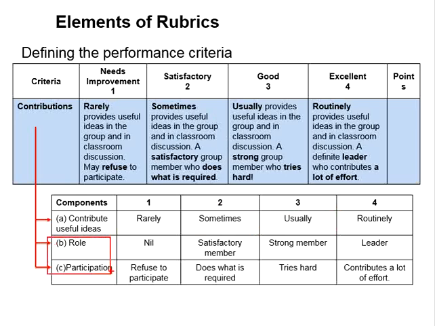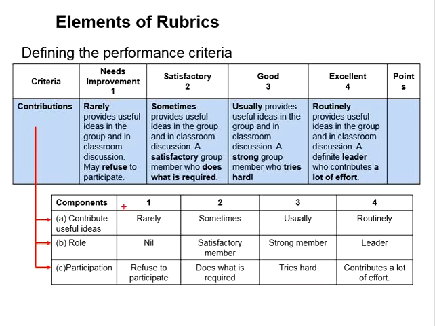As the role in the group, function as a satisfactory member, function as a strong member. In terms of the participation, that's what is required. Another one, tries hard. Let us deal with this one by one.